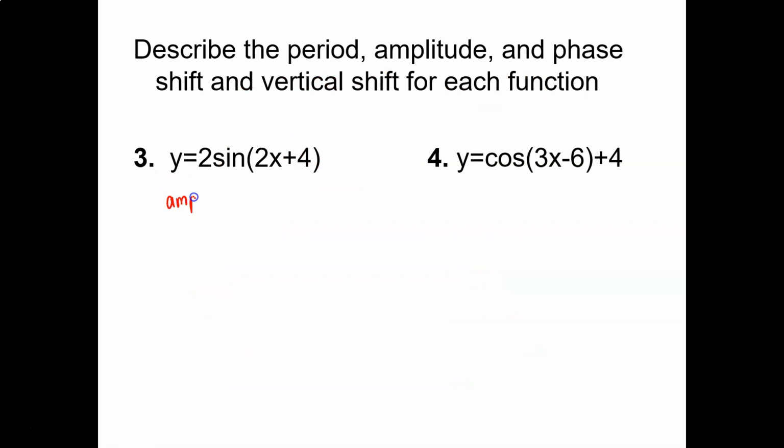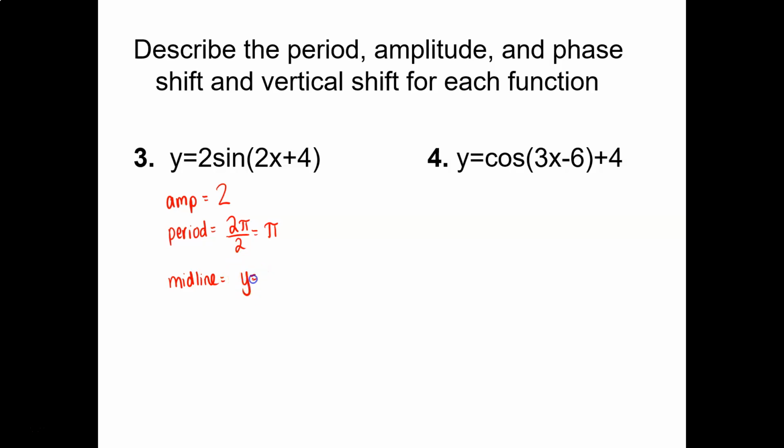Let's see. CB, what's the amplitude for number 3? Okay. Raven, what's the period? Very good. 2 pi over 2, which is just pi. Very good. Josie, what would the midline be? 0.